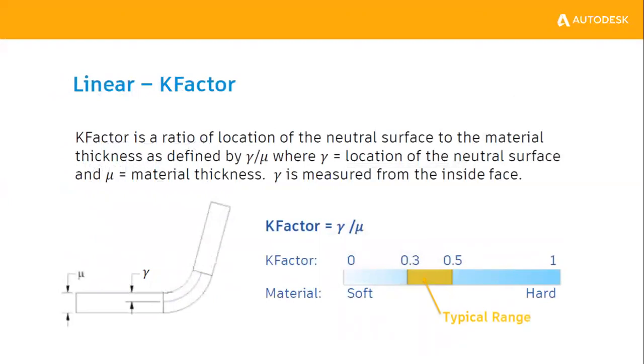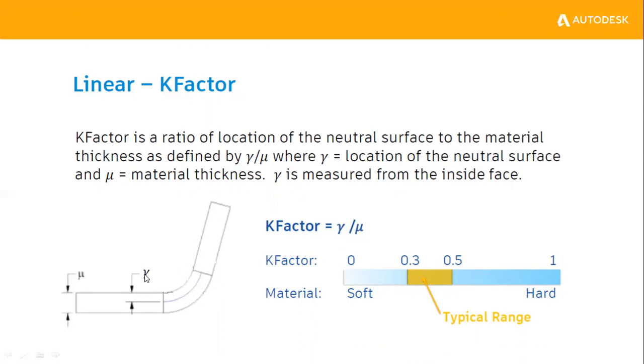K factor is the ratio of the location of the neutral surface to the material thickness. You can see that value here, and that value is based on the K factor. So what is the K factor? It is k by t, where my t is the thickness, and where my k tells where my neutral axis resides.